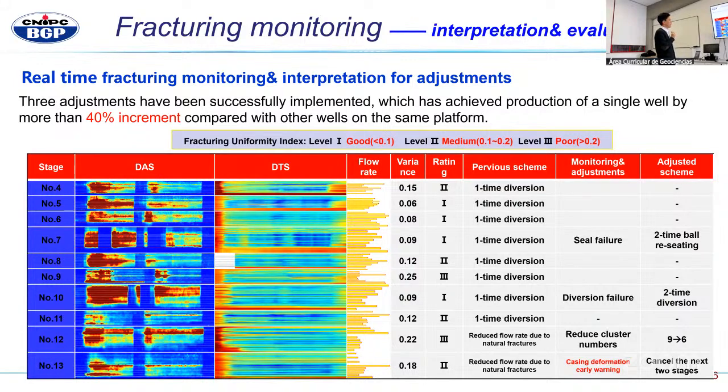A uniform index below 0.1 means the perforation is very good, and every cluster has something going. So you can see here, this is the value before the injection. This one is very good, but this one is not good because some clusters are not open, so without any injection fluid.